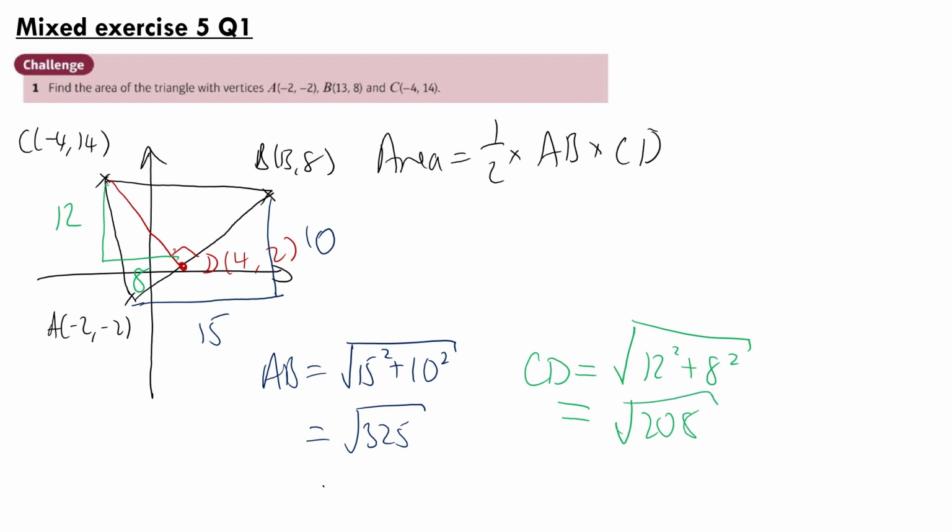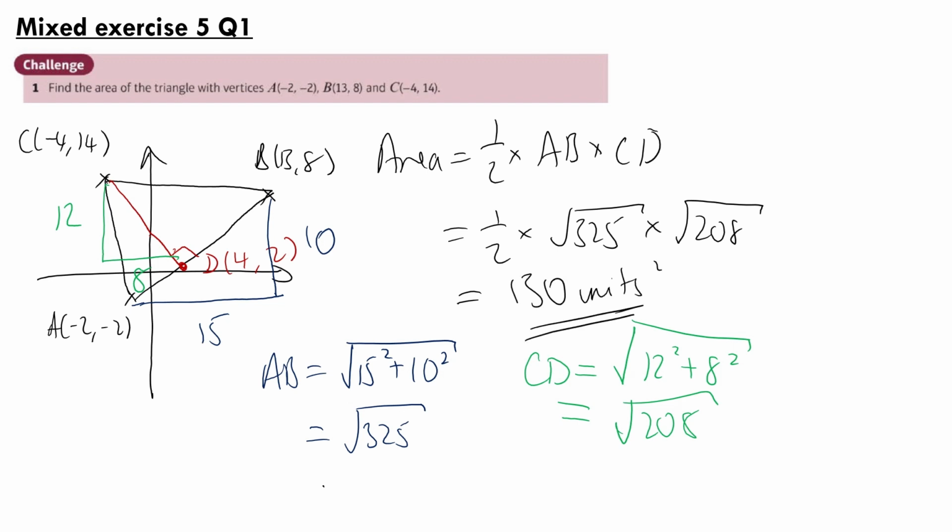Okay, and so our area is equal to 1/2 times the square root of 325 times the square root of 208, which gives us 130 units squared.